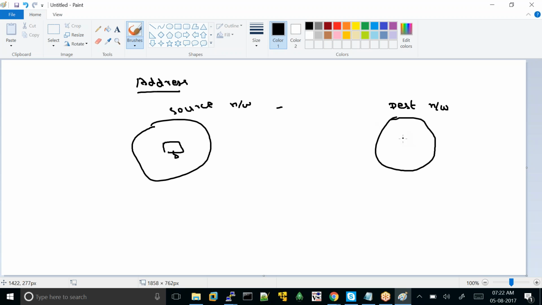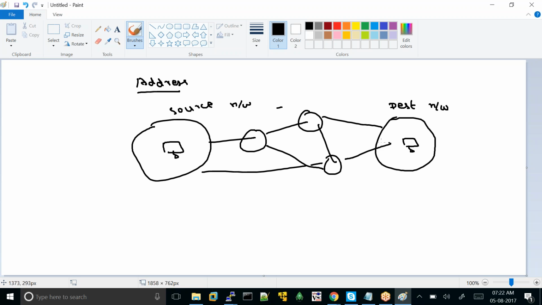You want to transfer data between these computers. Intermediately, we have several networks. So what are all the addressing schemes that we need in order to make these two computers communicate? First one, you need to know about the MAC address.